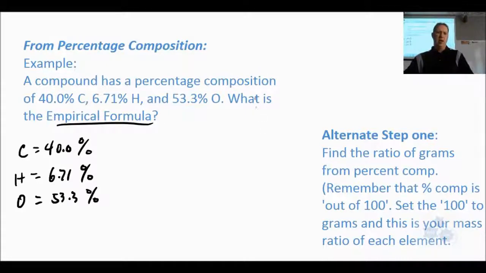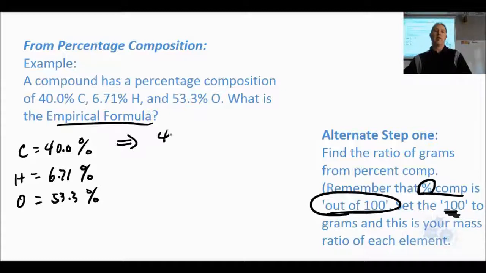All right. From percents, remember we're trying to get a relative ratio of masses. That's what we need to start off with. Percentage composition is just out of 100. That's what percent means, out of 100. So if you set the 100 to grams, this would be the same as saying 40 grams out of 100 grams. This would be 6.71 grams out of 100 grams.